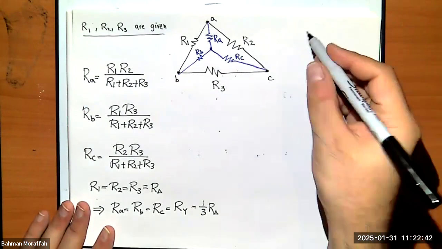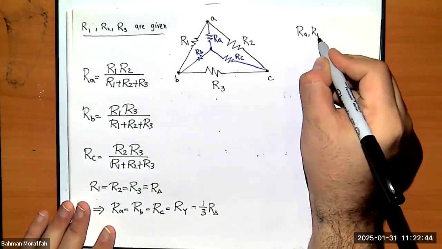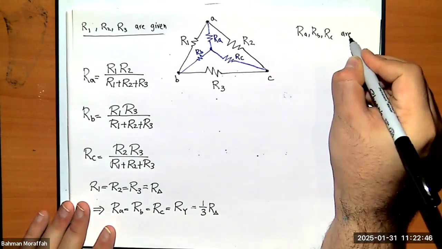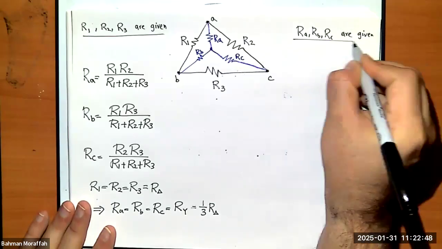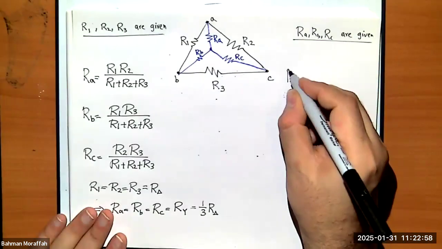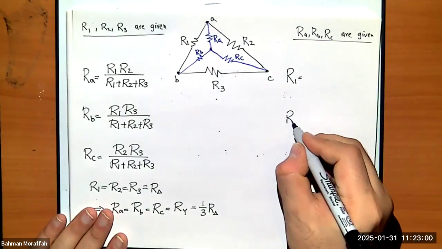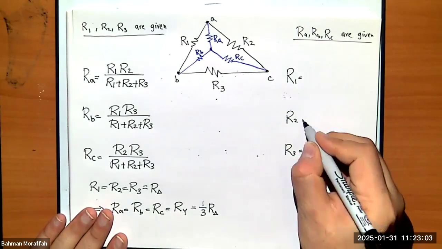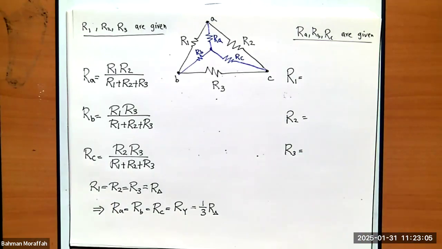We said if we have RA, RB, and RC, which means we're given the Y circuit, we can always go back to the delta, right? And the way that we can do it is that for R1, R2, and R3, the numerator for all of them is just all possible 2 combinations of these resistors, right?